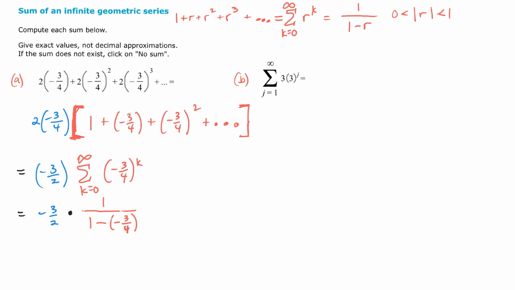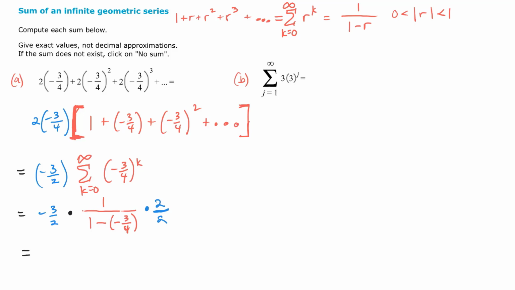I really want to take care of these fractions in the complex fraction. So if I multiply by 2 over 2, we get something really, really nice.